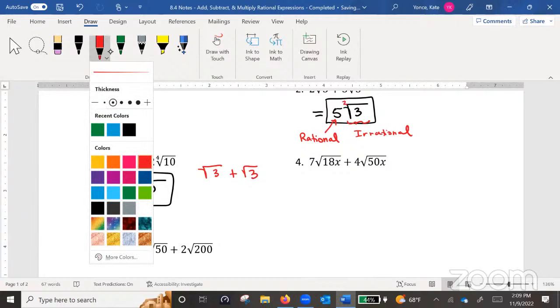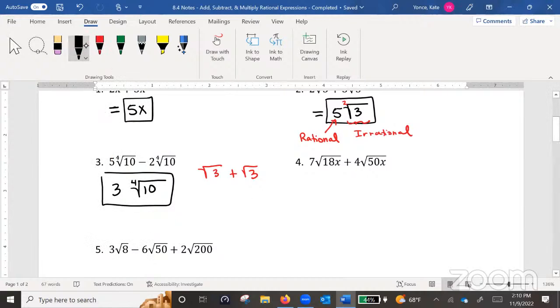Yes, 2 square root of 3. So many people answer square root of 6. They add the 3 and the 3. But remember, again, you add the coefficients. Technically, there's a 1 and a 1, right? So it's 2 square root of 3. People miss that one all the time.